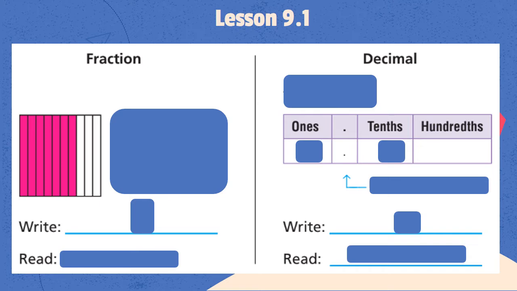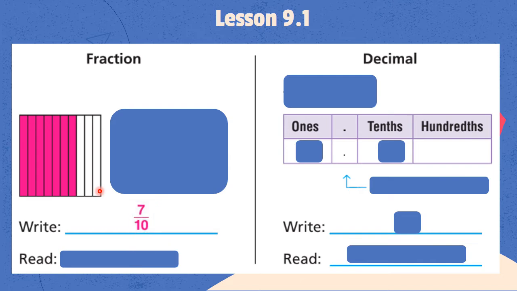Let's count again. 1, 2, 3, 4, 5, 6, 7, 8, 9, and 10. So we have 7 out of 10. So that's our fraction. 7 out of 10.